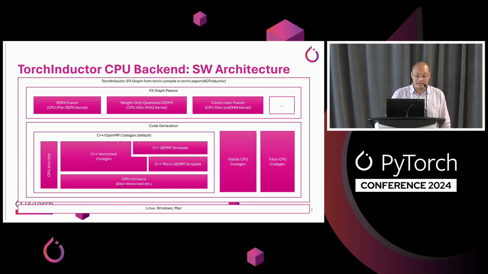It also supports the Max-autotune mode to further optimize the GEMMs. The CPP OpenMP codegen is the focus of my talk today. There are also two other experimental backends that generate Halide and Triton code, which Meta folks are working on.